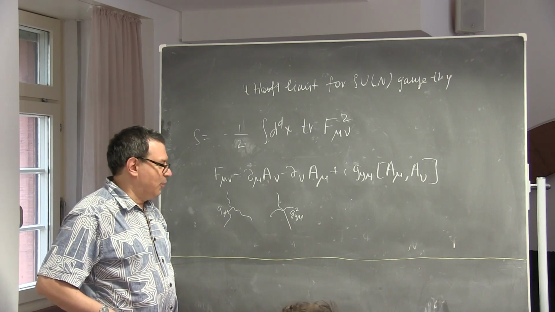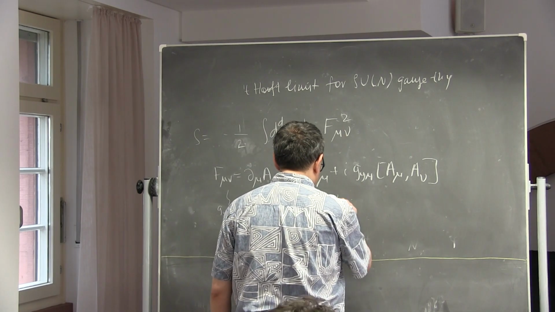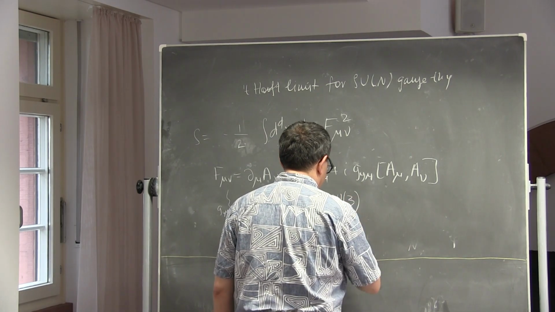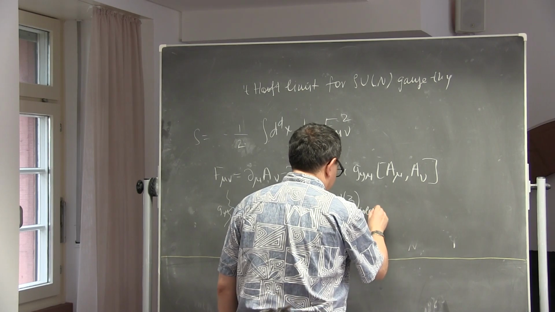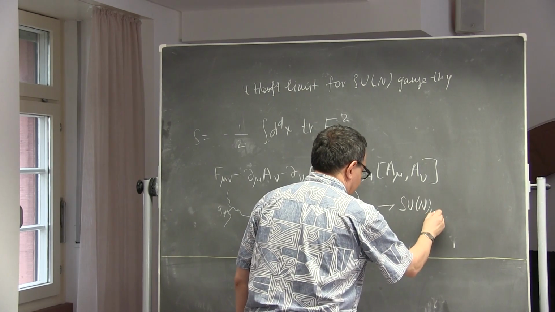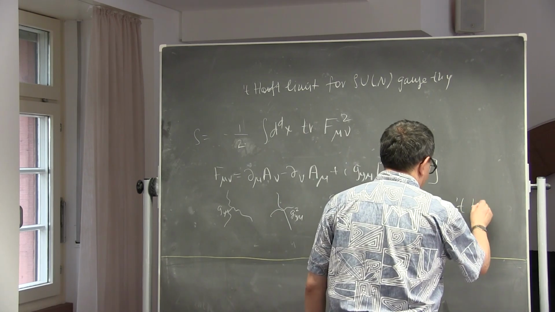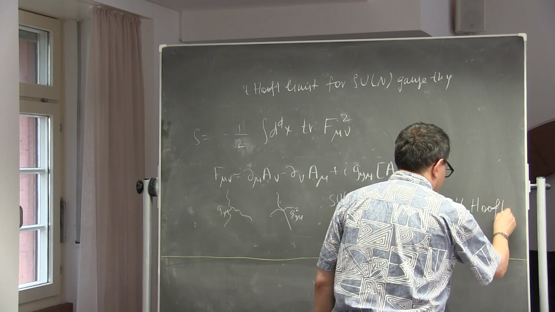And 't Hooft proposed to replace the SU(3) color by SU(N) color. That was 't Hooft's legendary paper.